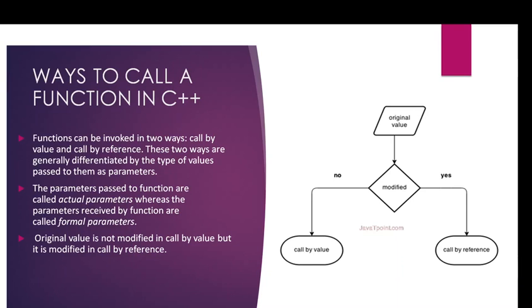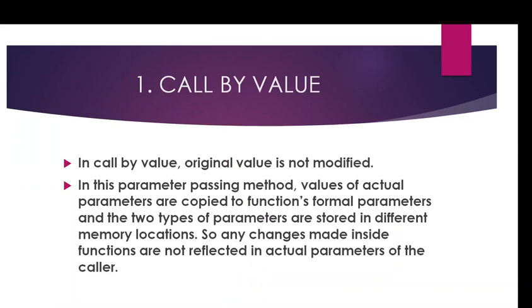If the value is modified, then it is call by reference. If the value is not modified, then it is call by value. Let us understand this more clearly. Call by value. In call by value, original value is not modified.